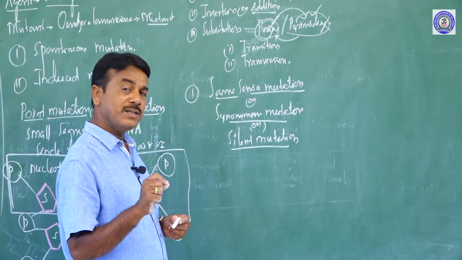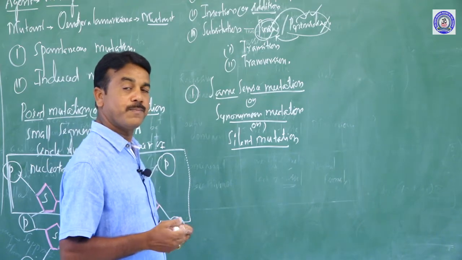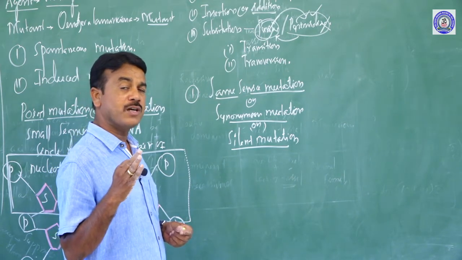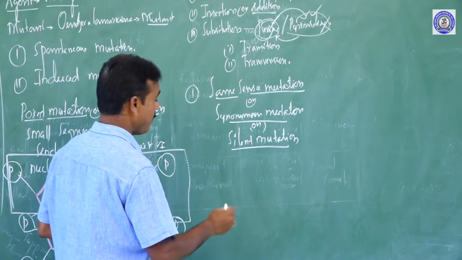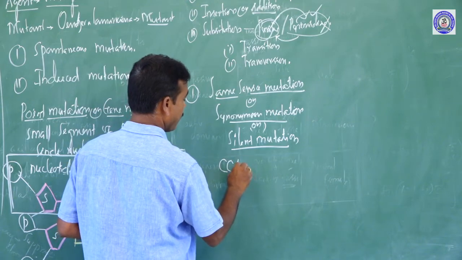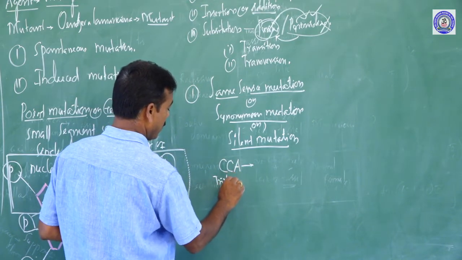The mutation that affects our codes, because you know 3 codes are responsible for production of an amino acid. For example, CCA is a triplet codon.